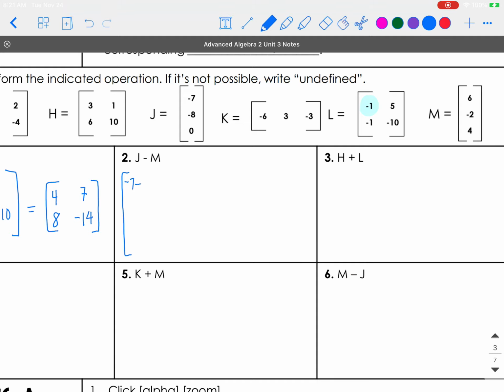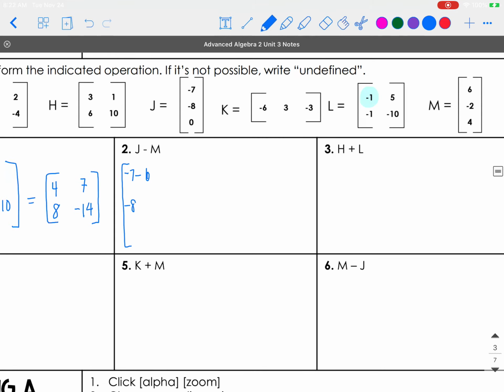So -7 minus 6, -8 minus -2, and 0 minus 4. And we would have -13, -6, and -4.